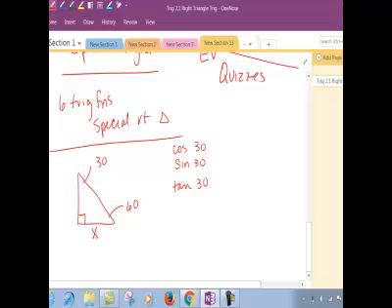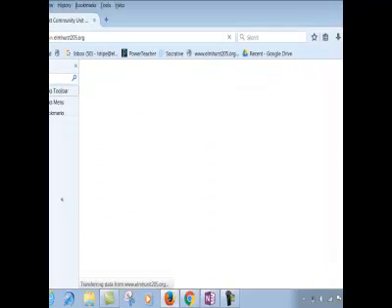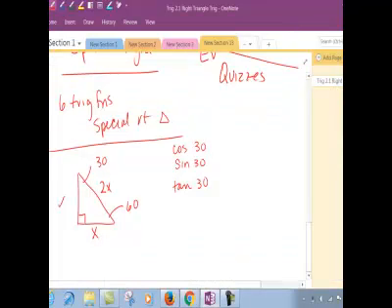So we know that the opposite to 30 is x, the hypotenuse is 2x, and opposite the 60 would be x root 3. All right, so the cosine of 30, I'm going to do adjacent over hypotenuse, and those x's cancel out, and so root 3 over 2 is the cosine of every 30-degree angle.